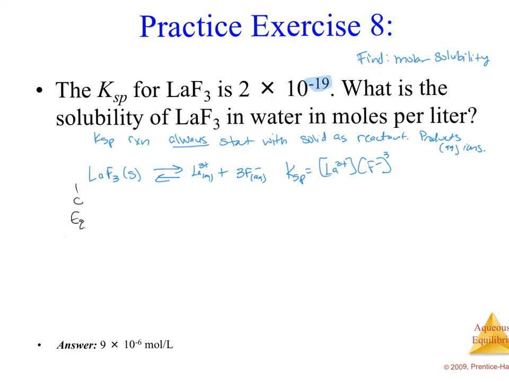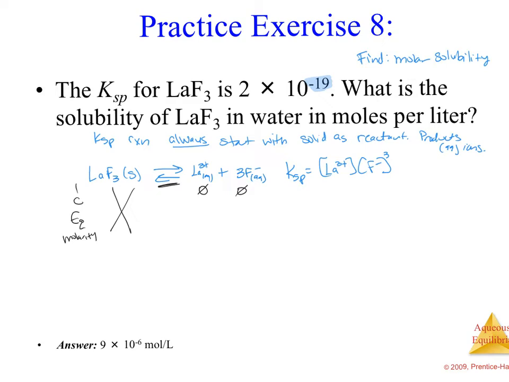I know it's ICEQ with molarity because I'm looking at equilibrium arrows. Solids we don't include. We're assuming we start with no products, so just the solid. So how we're setting up this problem, we're assuming we have the LaF3 solid, we then add water, we stir, and we want to see what is the concentration of the ions that do indeed dissolve. So that's why we start with 0 for the products.